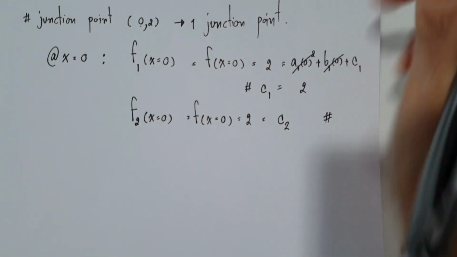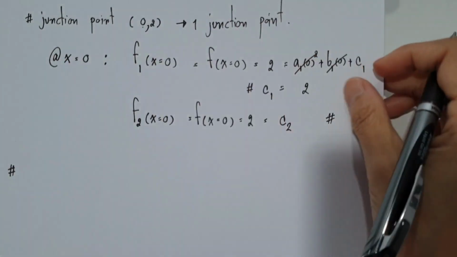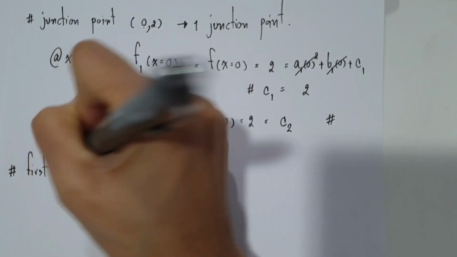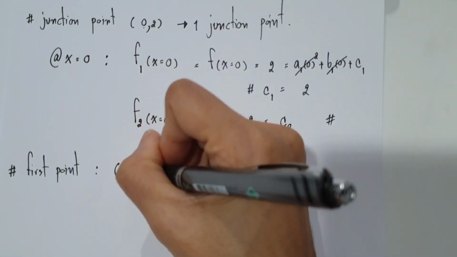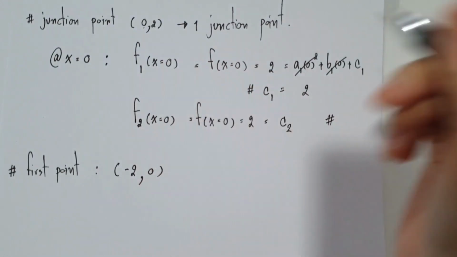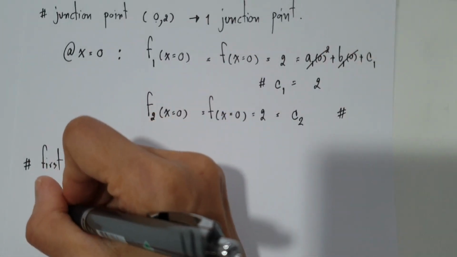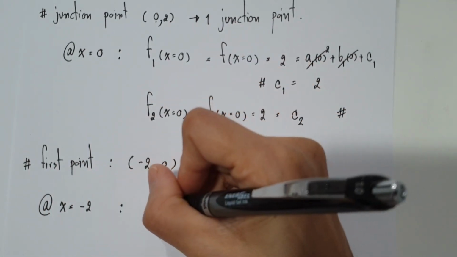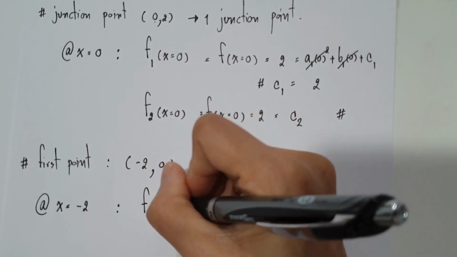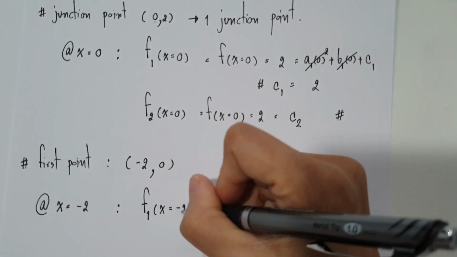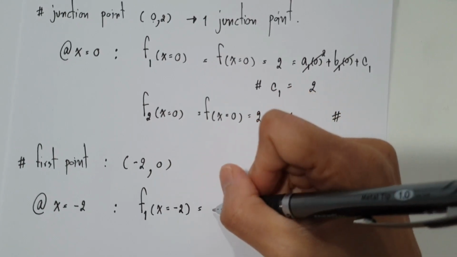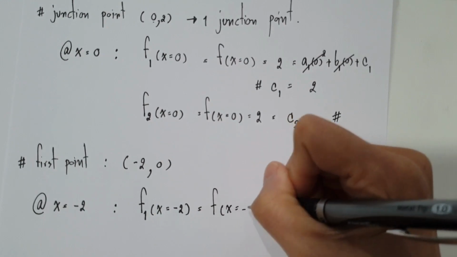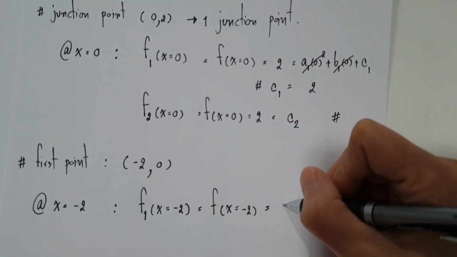Okay. And then we consider the first point. The first point is when x equal to -2, y equal to 0. So at x equal to -2, f1(-2) equal to f(-2), which is equal to 0.